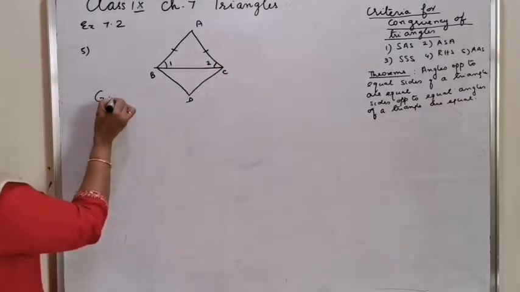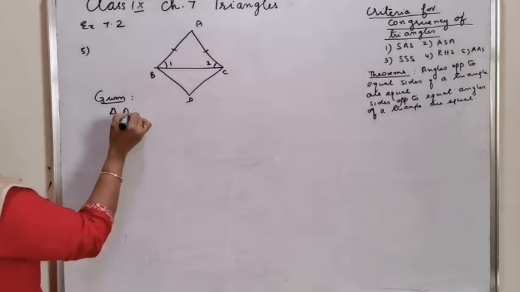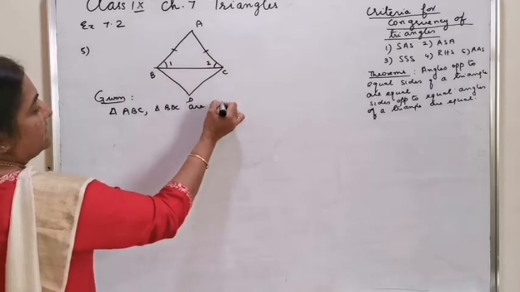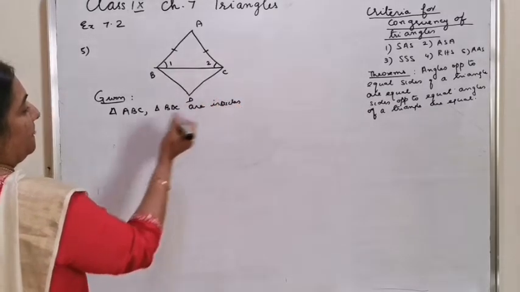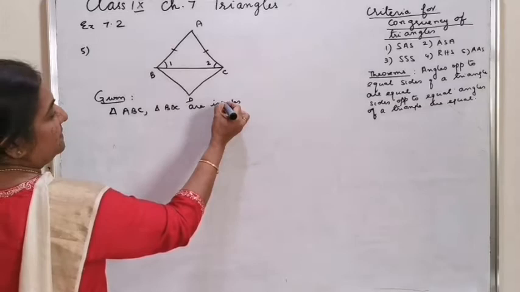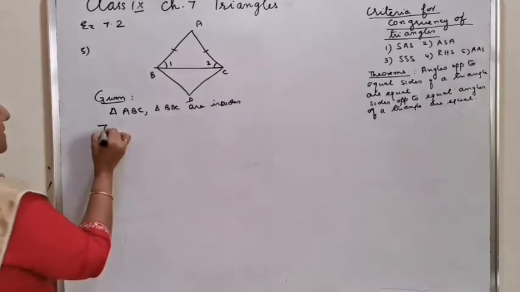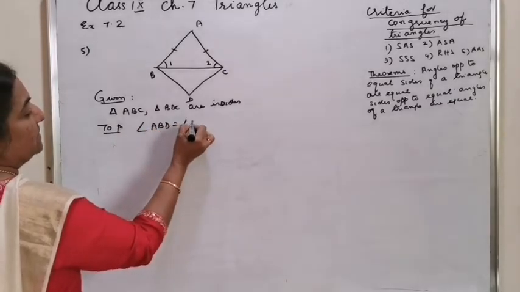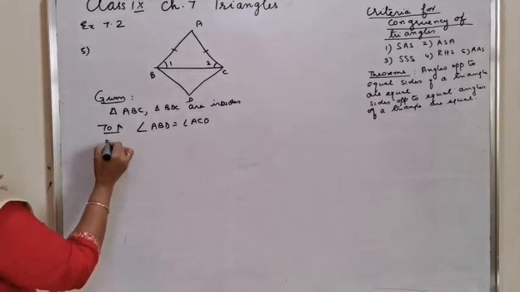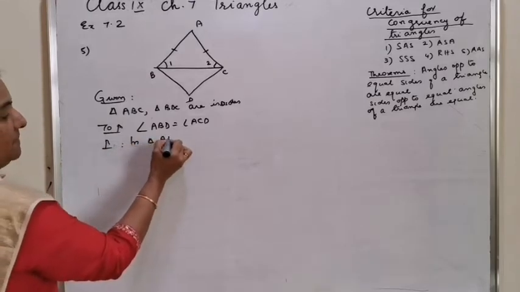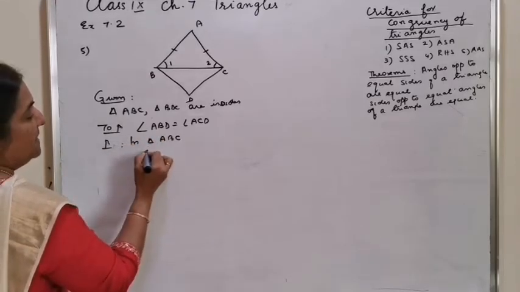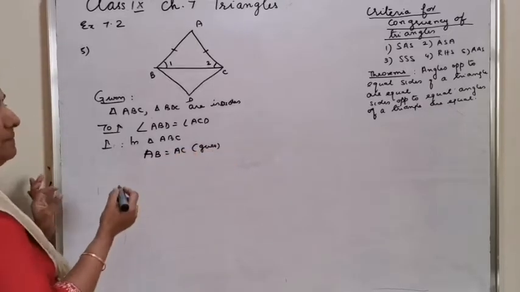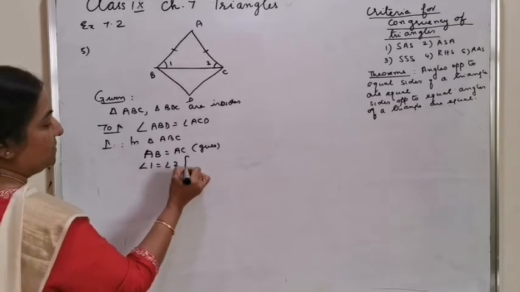So what is the given condition? The given condition is triangle ABC and triangle BDC are isosceles. What is to prove? And what is to prove is angle ABD is equal to angle ACD. The proof: in triangle ABC, AB is equal to AC, given, immediately angle 1 is equal to angle 2.